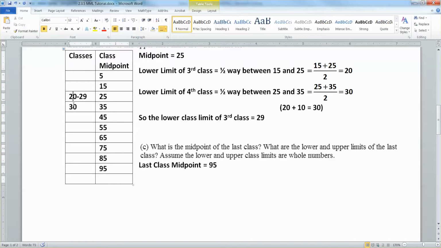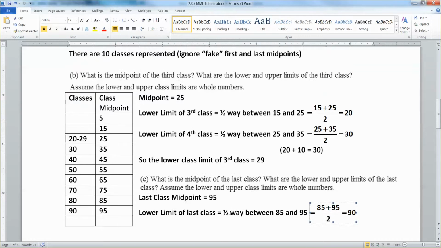Okay, well, similarly, the width is how far apart these numbers are, 5 to 15, 15 to 25, and so on. But it's also 20 to 30, and so on. So you could figure it out by just keeping on adding on 40, 50, 60, 70, 80, 90. There it is. But you could also see it because it's the halfway spot between 85 and 95, which would mean that it's 90.